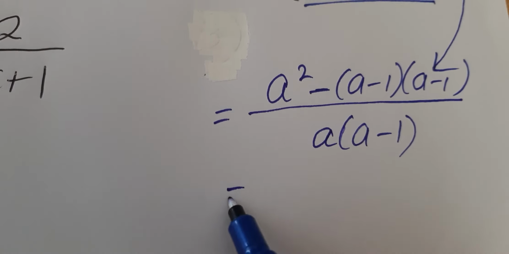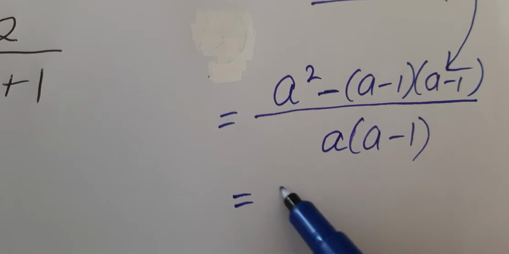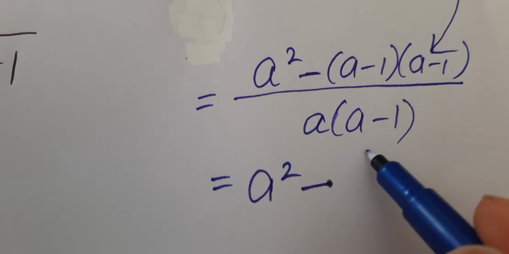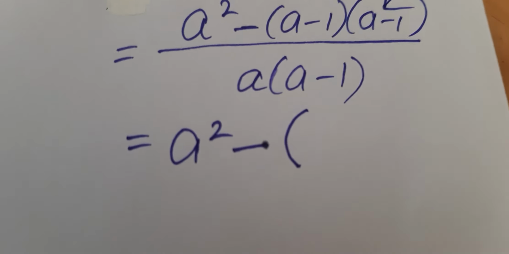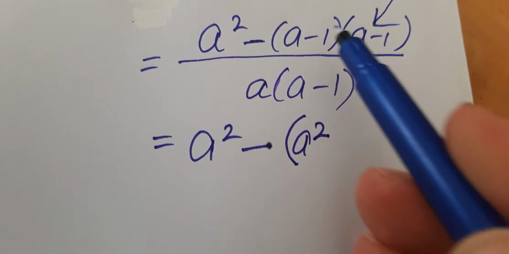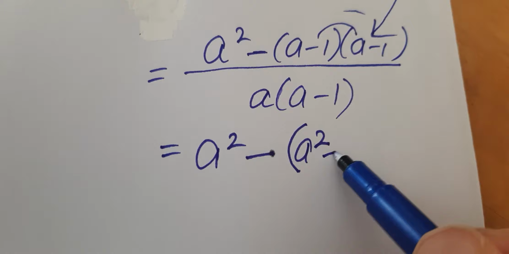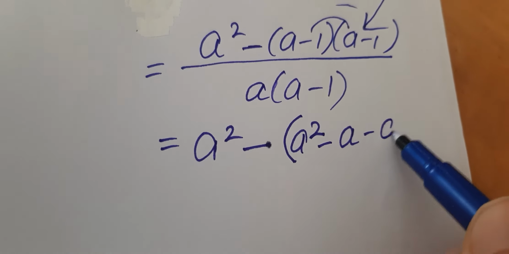And then moving on with that, I'm going to expand this bracket. A squared minus, there's a minus in the front. So when I expand this, make sure you put this bracket here, otherwise you will have a problem with your signs. A times A is A squared, minus 1A and minus 1A again. Or you can just say minus A again.